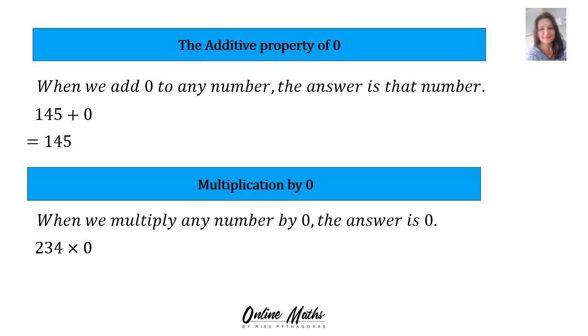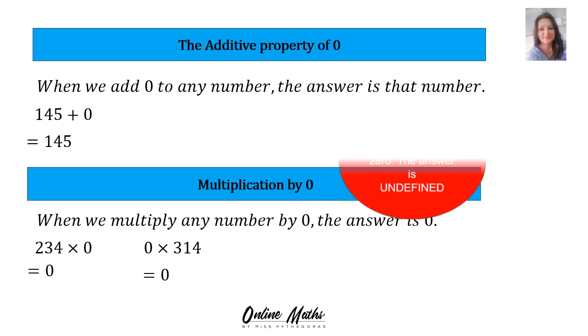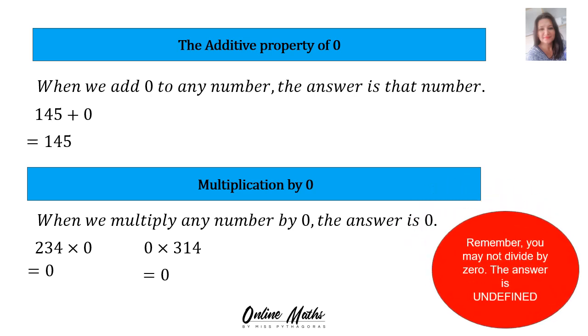For example, 234 times 0 is 0, and 0 times 314 is 0. But then, remember, you may not divide by 0. The answer is undefined. For example, if I give you 89 divided by 0, the answer is undefined.